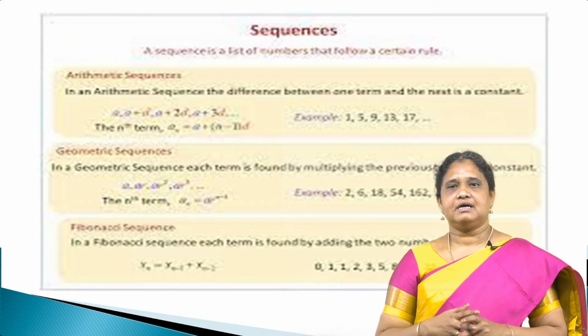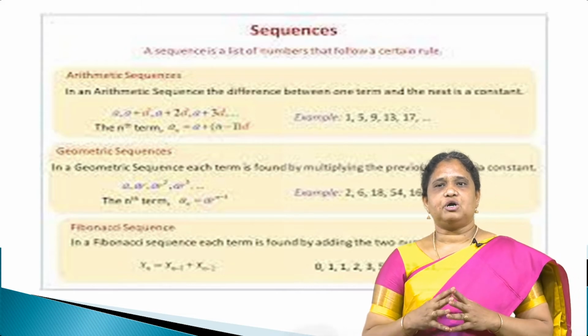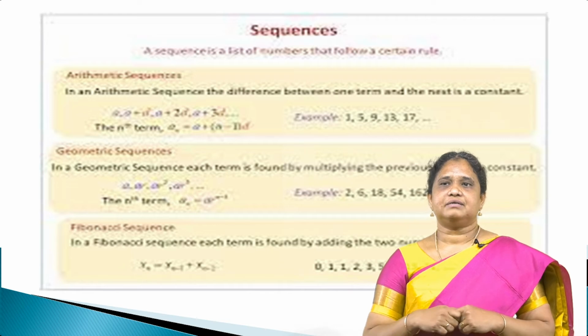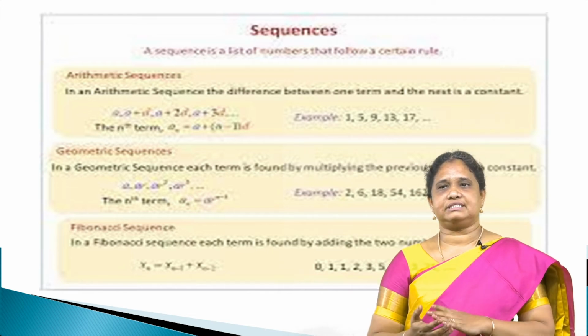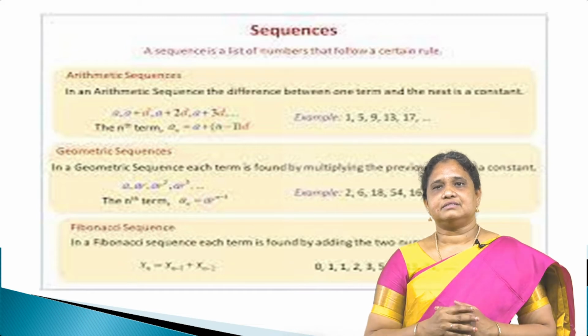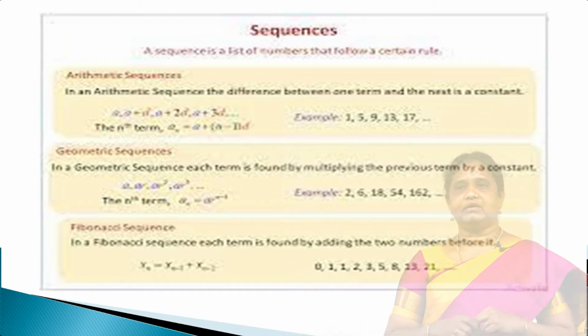In a geometric sequence, each term is found by multiplying the previous term by a constant, so the sequence is a, ar, ar square, etc. And the famous Fibonacci sequence is a sequence in which each term is found by adding the previous two terms, where xn is equal to xn minus 1 plus xn minus 2, and the sequence is 0, 1, 1, 2, 3, 5, etc.